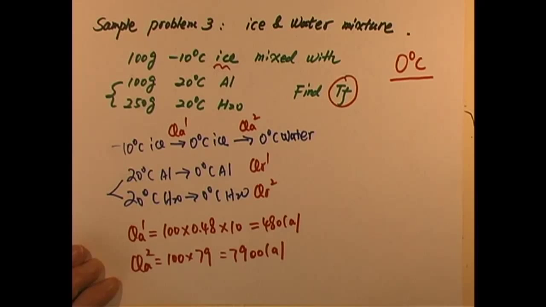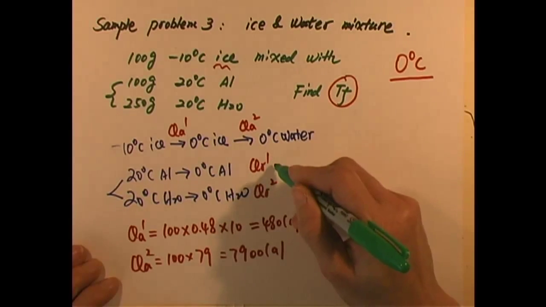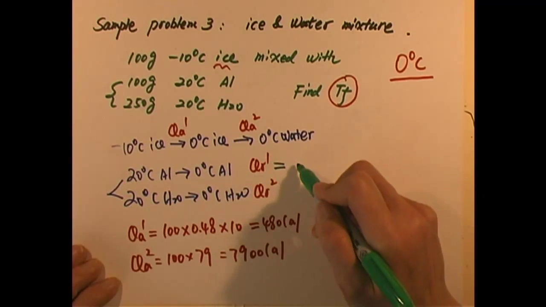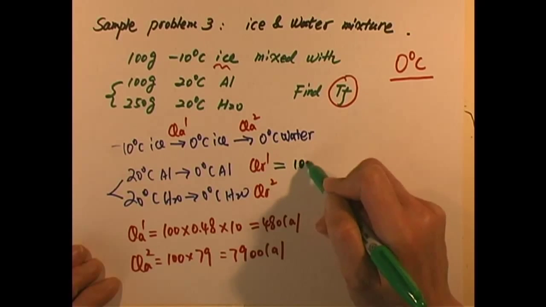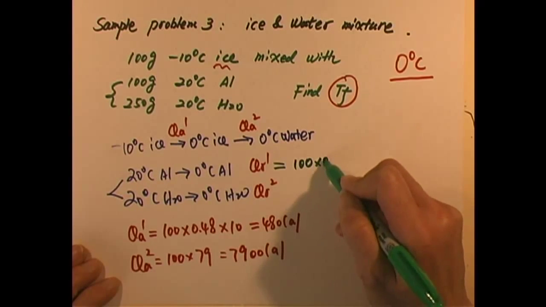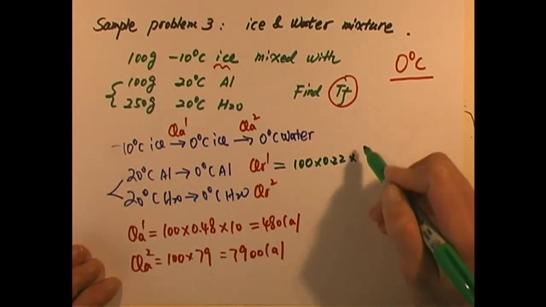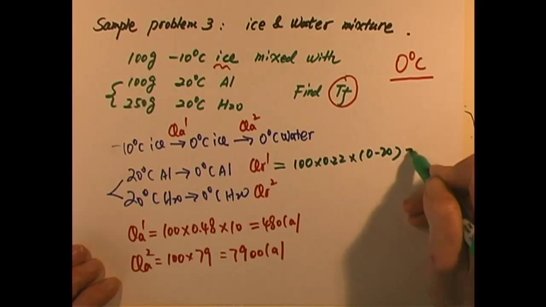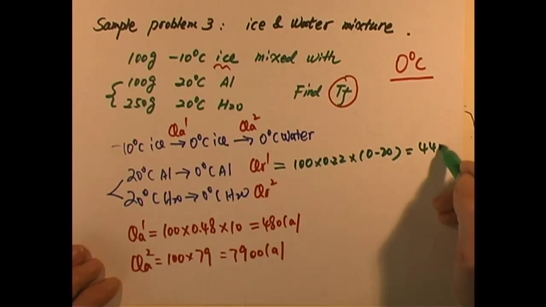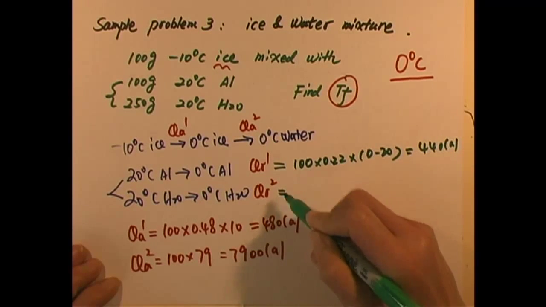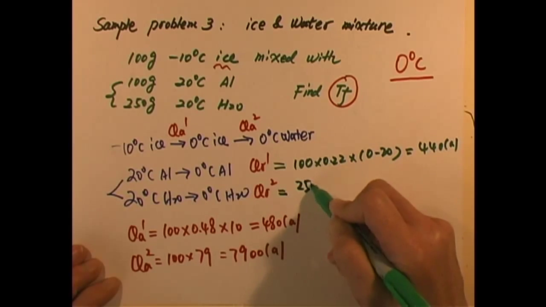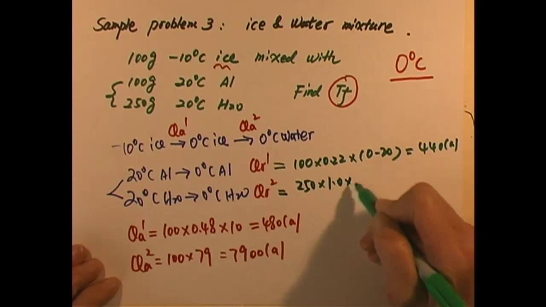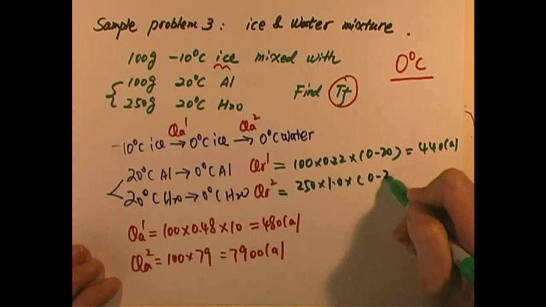And then let's look at the system release. That is 100 grams of alumina with specific heat 0.22, and the change in temperature, final 0, initial 20, and this gives us 440 calories. And for the water, it is 250 times specific heat times change in temperature, final 0, initial 20.